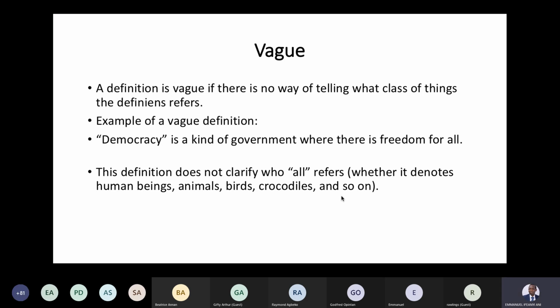Freedom for all. There's no telling what class of things the freedom belongs to. So when you say democracy is a government where there's freedom for all, this definition does not clarify who all refers to, whether it denotes human beings, animals, birds, crocodiles, and so on.